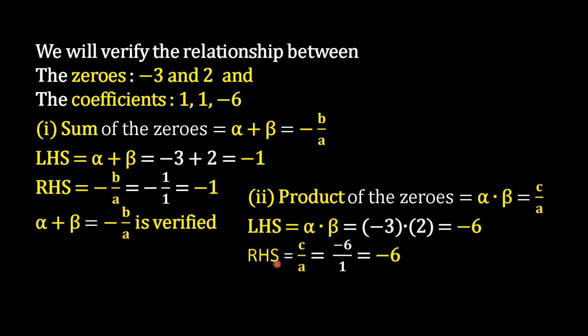Right hand side is c/a. c is -6, a is 1. So it gives us -6. Since left hand side and right hand side both are equal to -6, our second relationship alpha beta = c/a is verified.